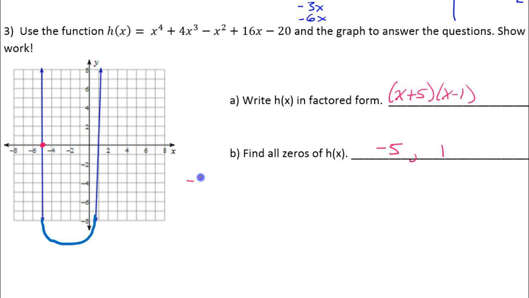Okay, so let's start with the negative 5. I've got 1, 4, negative 1, 16, and negative 20.